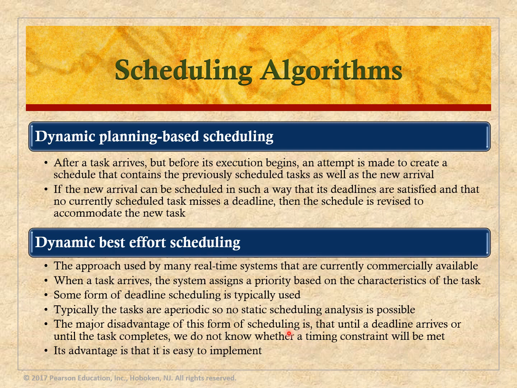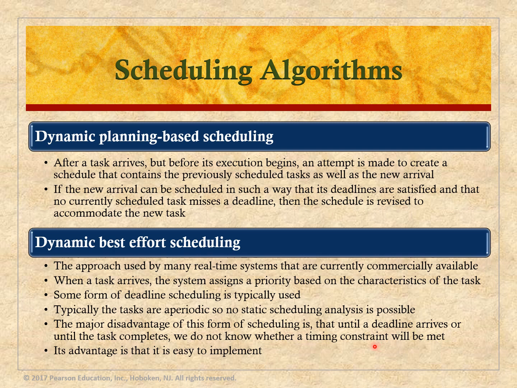However, there is a major disadvantage: until a deadline arrives or the task completes, we do not know whether a timing constraint will be met, because we are doing it on a best-effort basis. We just execute, which is kind of uncertain.